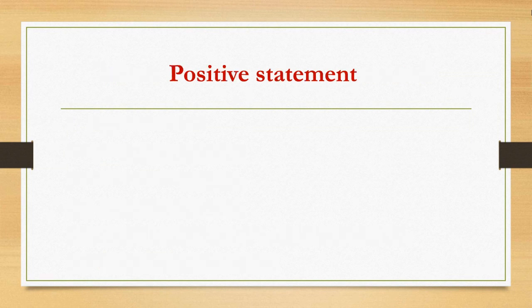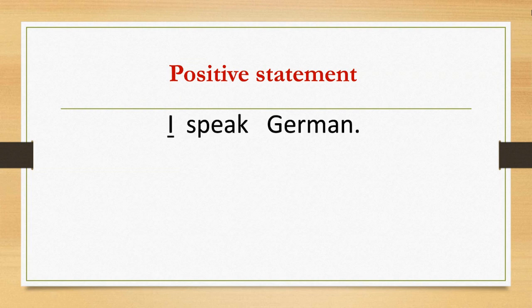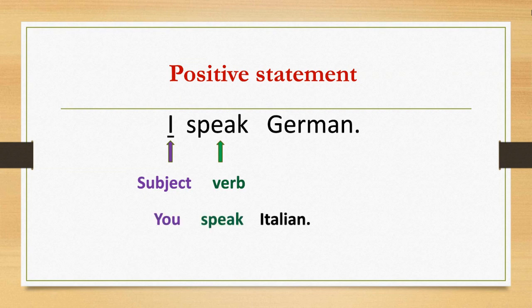Now, how do we make positive statements? Let's take this example. I speak German. If we look at this sentence, we have I, which is the subject, speak, which is the verb that is in the simple present, then the rest of the sentence.